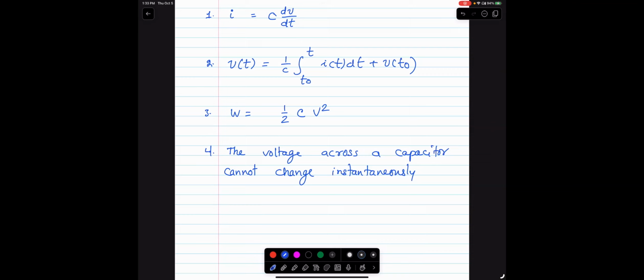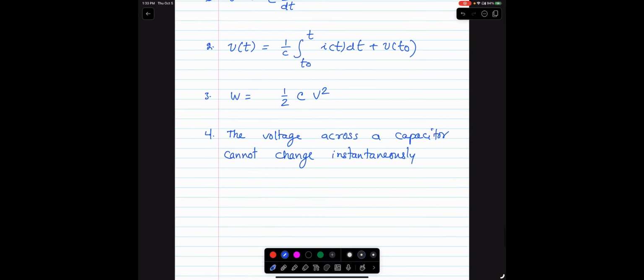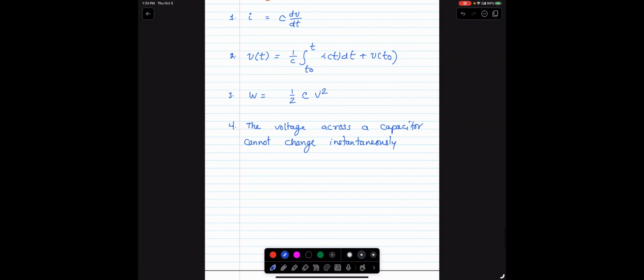Okay, so what is current to an inductor is the voltage to a capacitor in some loose terms. Okay, but there are some similarities.